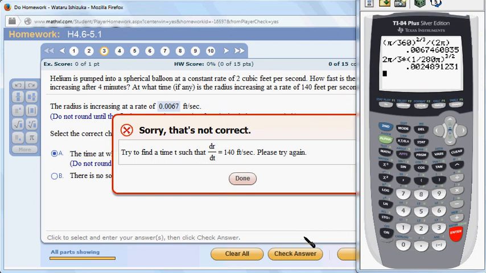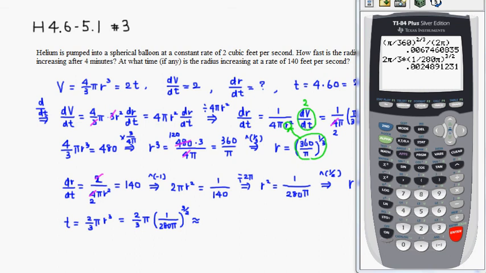Oops. Let's see. Maybe the way I typed in the calculator is wrong. So let's try it again. All right, sorry about that. So I'll do it again. So it's parentheses, 1 divided by 280 pi.